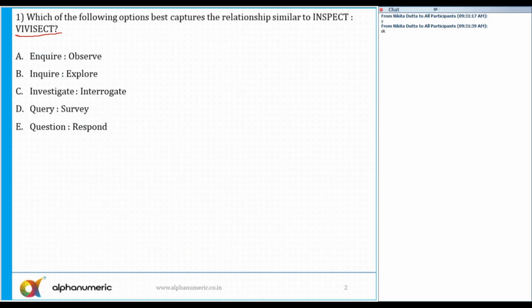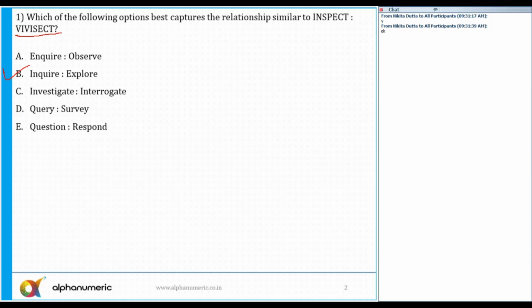Option B looks good. Interrogate means to do a detailed investigation. Not necessarily. Investigation may not involve interrogation. Survey is a detailed query. No. Respond is a detailed question. No. So vivisection is a detailed inspection, and when we explore, we do a detailed inquiry.